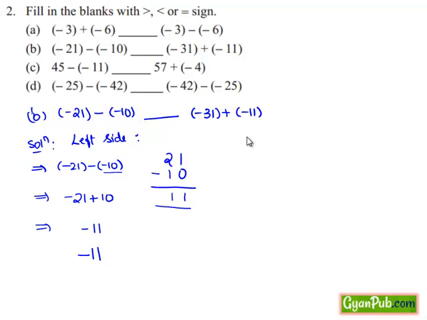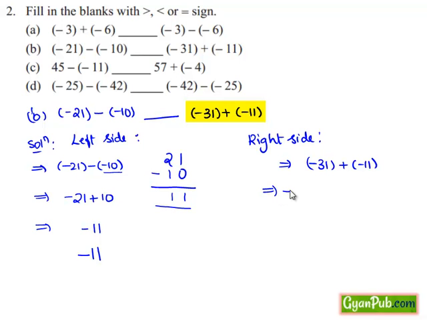Coming to the right hand side of this equation, we have two negative integers for addition. They are -31 plus -11. When we are adding two negative integers, we will take minus as common from both the numbers. Here also we are taking minus as common from -31 and -11.